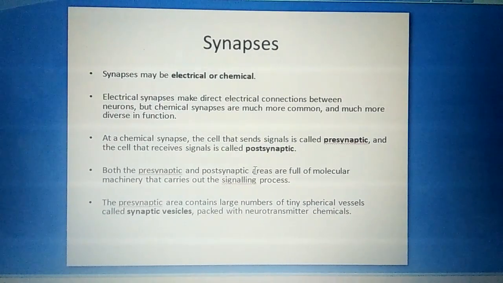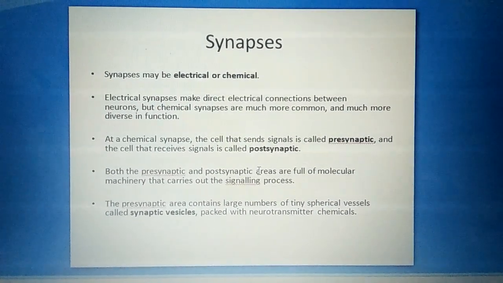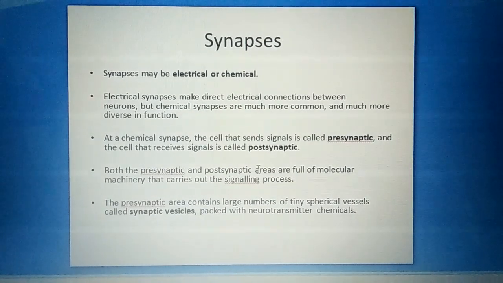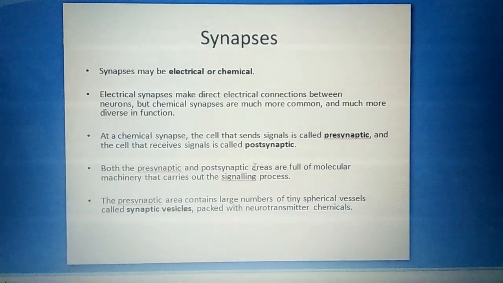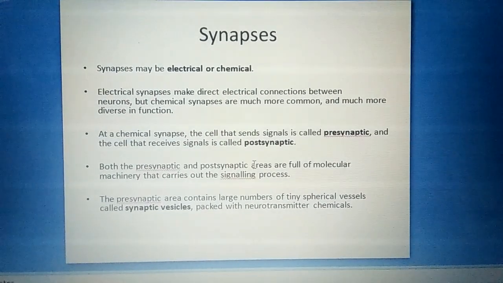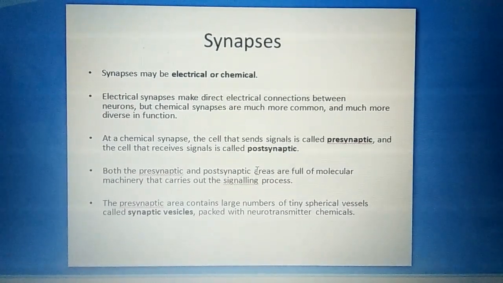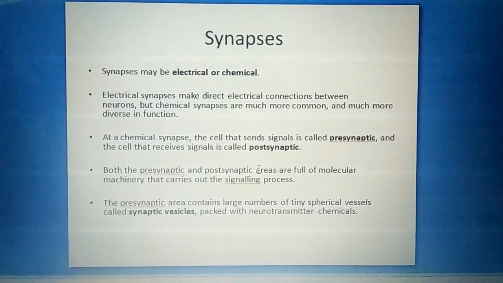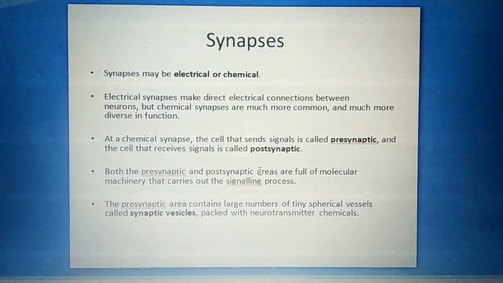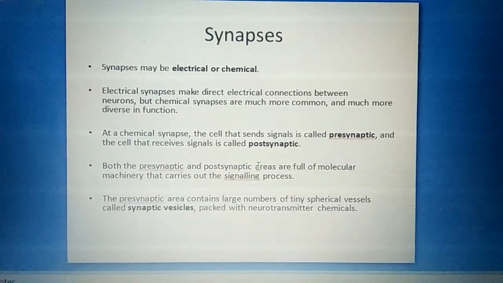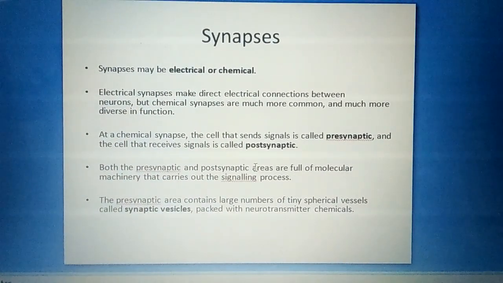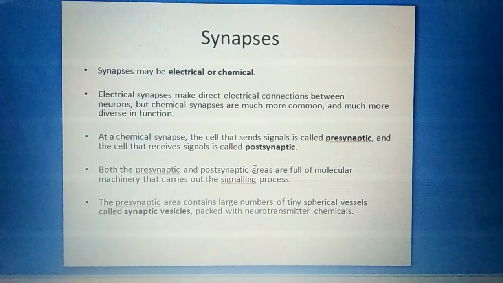Synapses may be electrical or chemical. Electrical synapses make direct electrical connections between neurons, but chemical synapses are much more common and much more diverse in function. At chemical synapses, the cell that sends signals is called presynaptic and the cell that receives signals is called postsynaptic. Both areas are full of molecular machinery that carries out the signaling process.